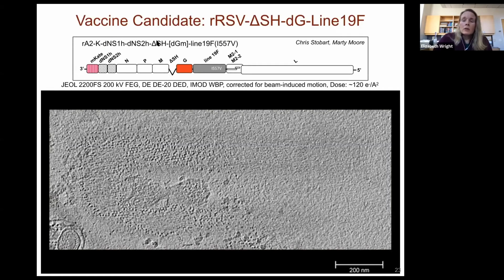So with the codon deoptimization, we normally think of that we want to optimize the codons that are present when we're generating a protein. Here, what Marty did was he modulated them to down produce particular targets. So in this case, he codon deoptimized G. And so G is the attachment glycoprotein.